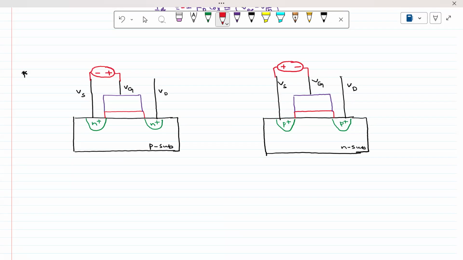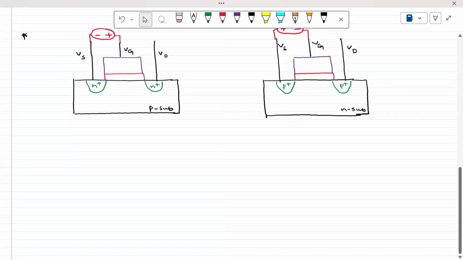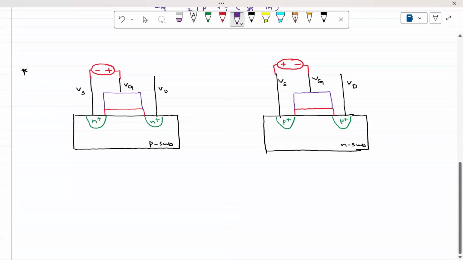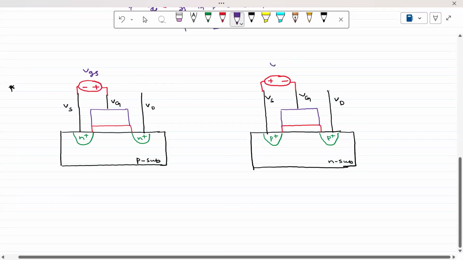Now, why should VGS be greater than the threshold voltage for NMOS? Why is VGS less than the threshold voltage for the PMOS transistor? Let me call this VGS, and this is also VGS, for example.